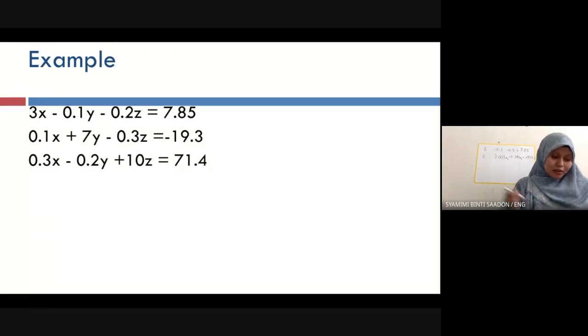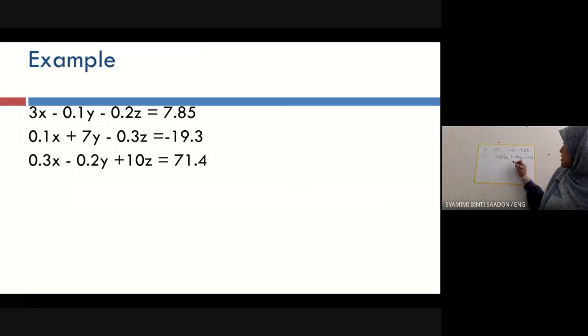And then the third row: this is 0, 0. You get 10.012 x3 equals 70.08.